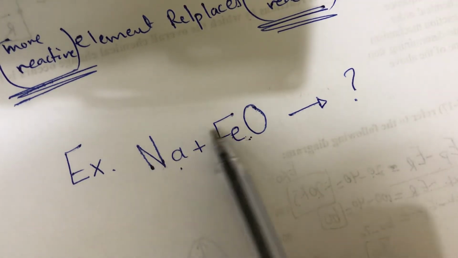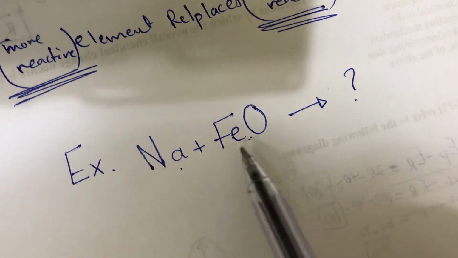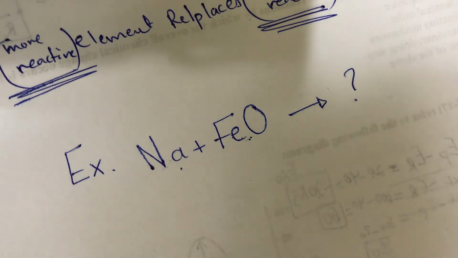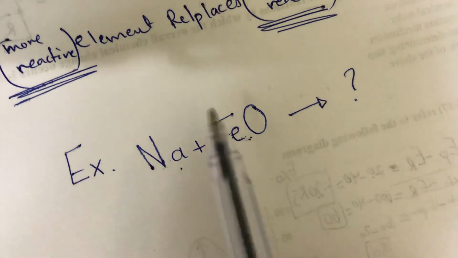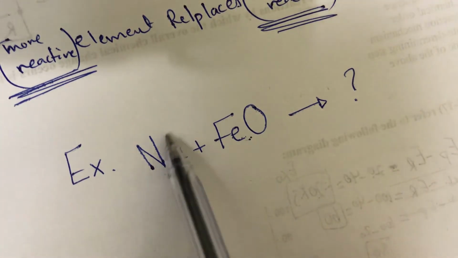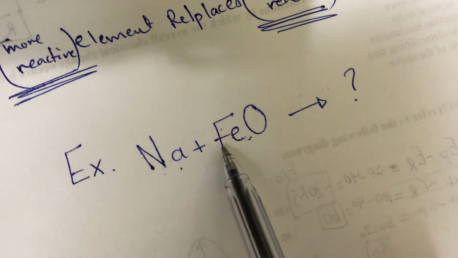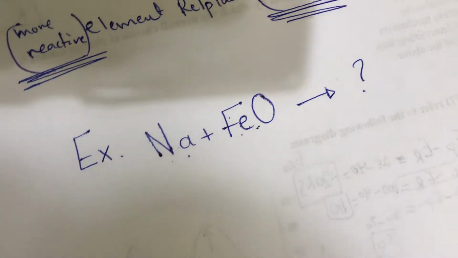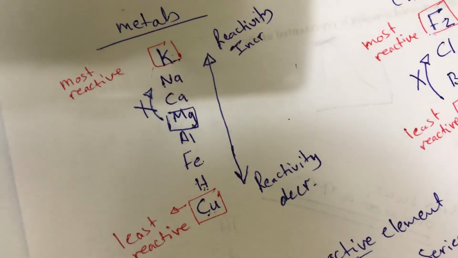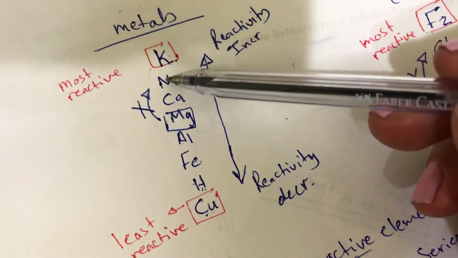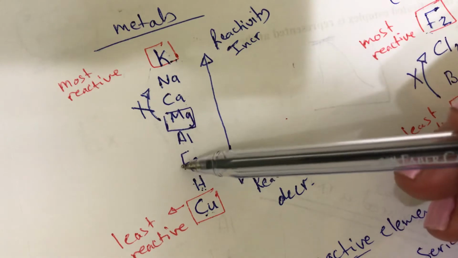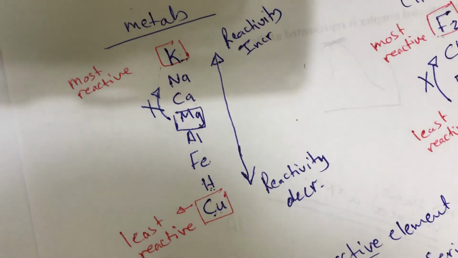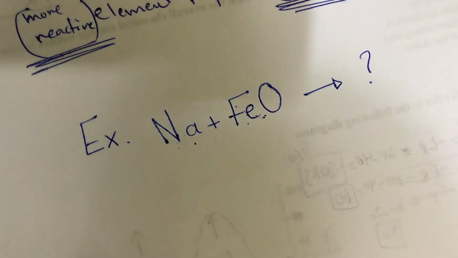Sodium is a metal, it will replace iron, because iron is a metal. But you have to ask yourself, is sodium more reactive than iron, so that it can replace it? You have to use the reactivity series. Sodium is more reactive than iron, so it can replace iron. So the reaction occurs.